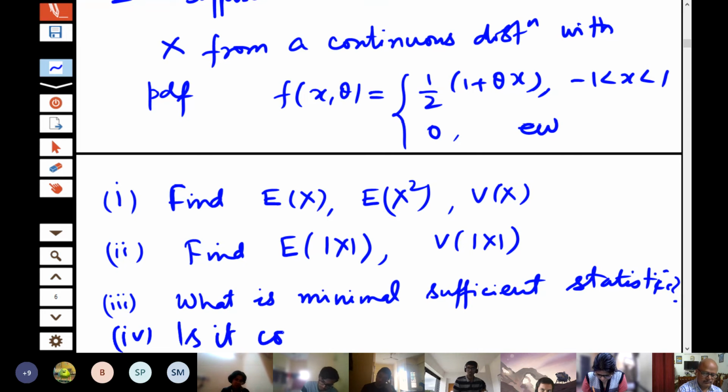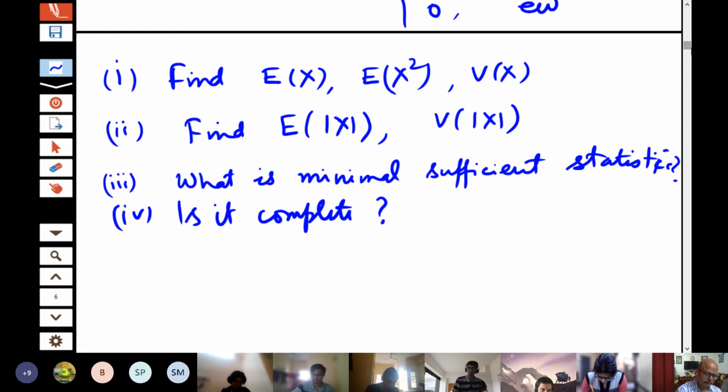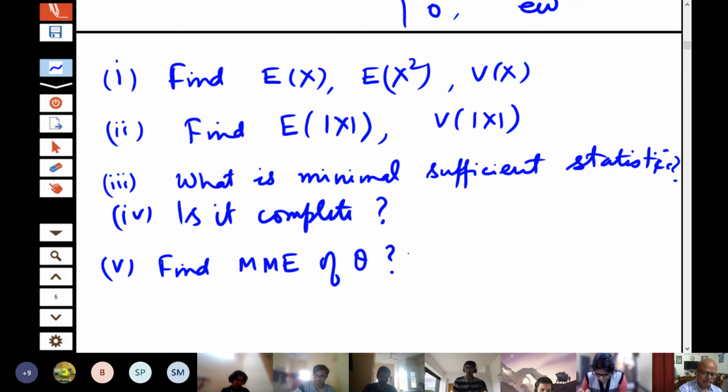Is it complete? Okay, so let me stop at this point and firstly you solve this and then I will ask you some other part of it.